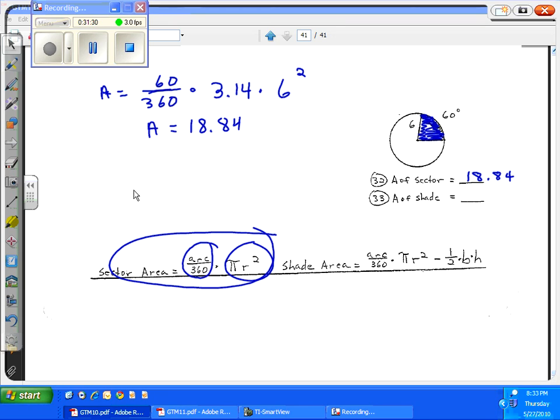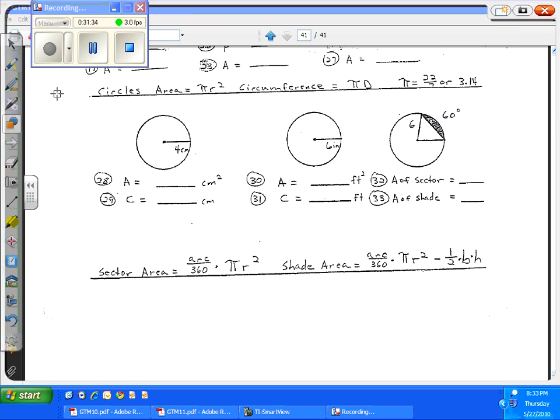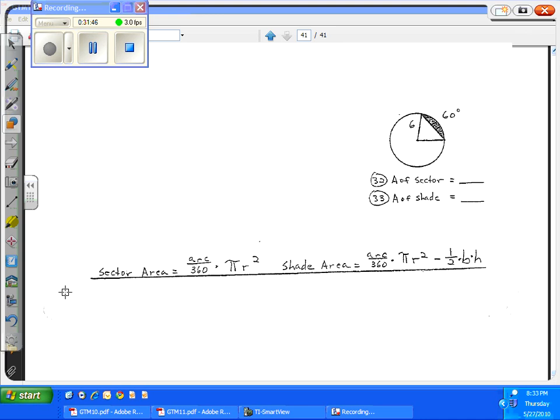Now, I'm going to wiggle this, and we're just going to start over. We're going to treat this like we hadn't already found the area of the sector, and we didn't know what it was. We're going to think about how to get the area of that shaded region.